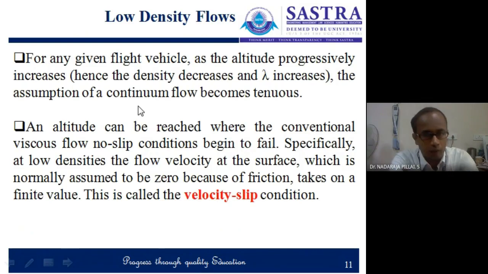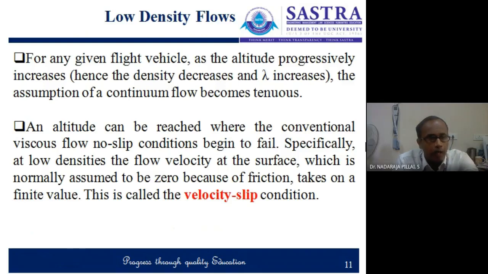In this flow, we have a lot of other issues, right? For any given flight vehicle, as the altitude progressively increases, the density decreases and lambda increases. What is lambda? The mean free path, right? So the assumption of continuum flow becomes challenged, and it is necessary to consider things in a different way. An altitude can be reached where the conventional viscous flow no-slip condition begins to fail.